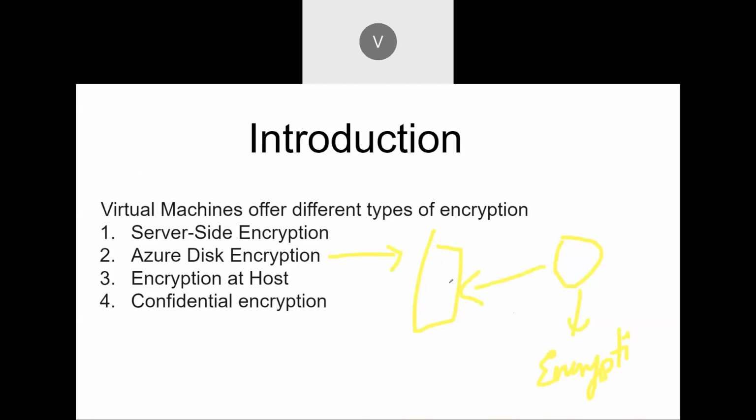The way it works for Linux machines is that there is a decrypt software which will be utilized by the Azure Disk Encryption service to encrypt Azure Linux machines. For Windows machines, they use BitLocker to encrypt the data.